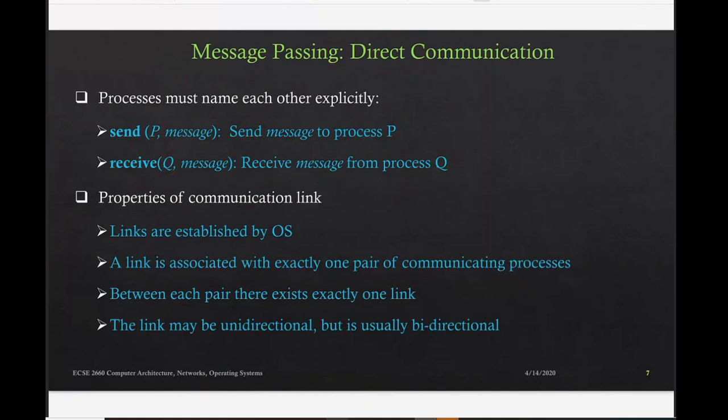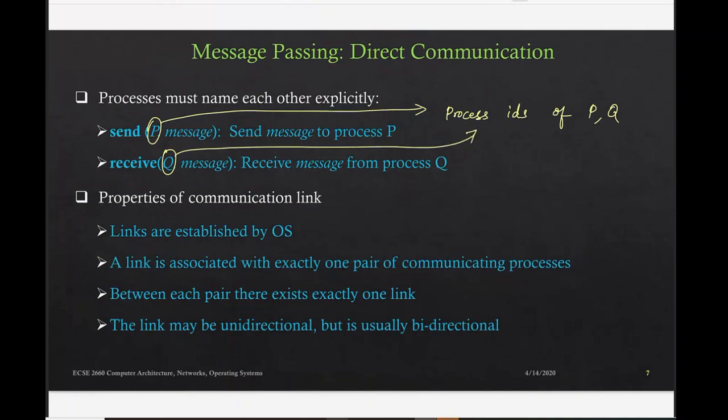You are explicitly putting those process IDs in as arguments to the system calls, P and Q, right? So these are essentially process IDs of P and Q. And that's what is direct communication. Explicitly talk about which process you are referring to.